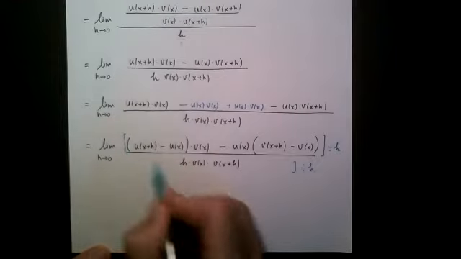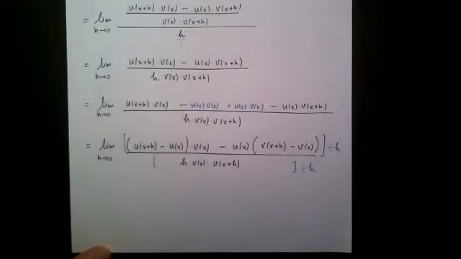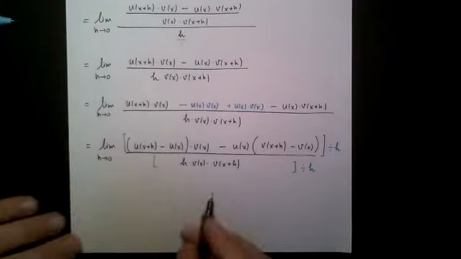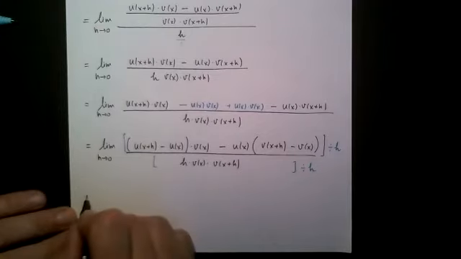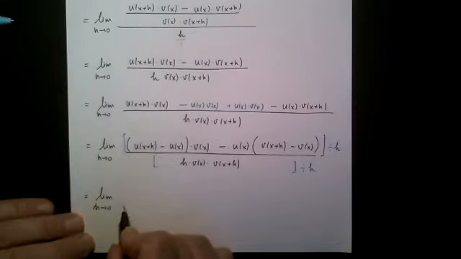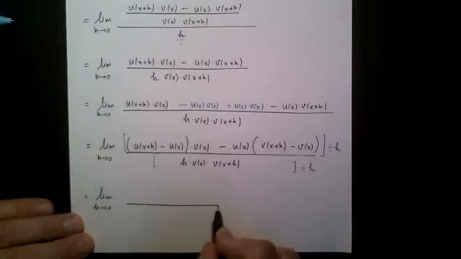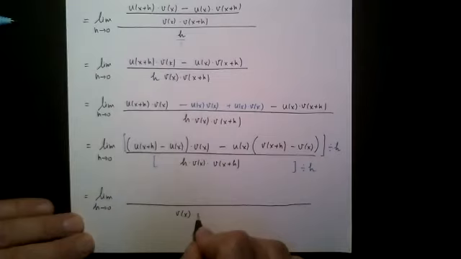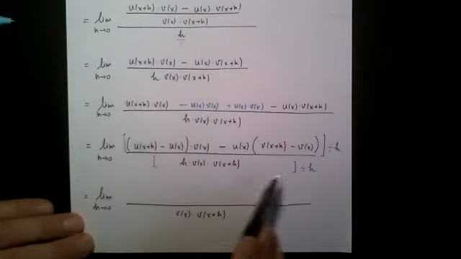Okay, if you want. Equals limit as h approaches 0. So the bottom is very simple because the bottom is just the same thing, but there's no h anymore. So it's v of x times v of x plus h. That's what I have on the bottom if I divide by h.